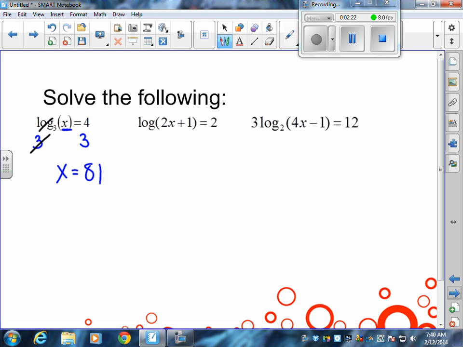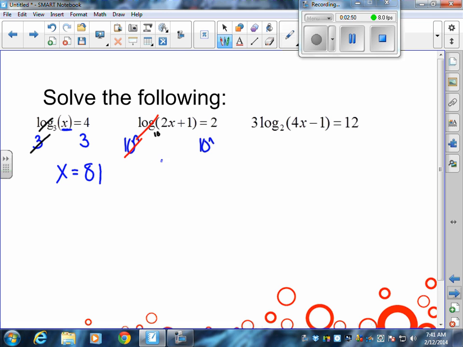If we look at the next one, we have log of 2x plus 1 equals 2. I want to get rid of the log because my exponent's in the parentheses. Well, remember that when the base is missing on a log, it's understood to be base 10. So to get rid of log, I would go 10 to the, log base 10, cancel.